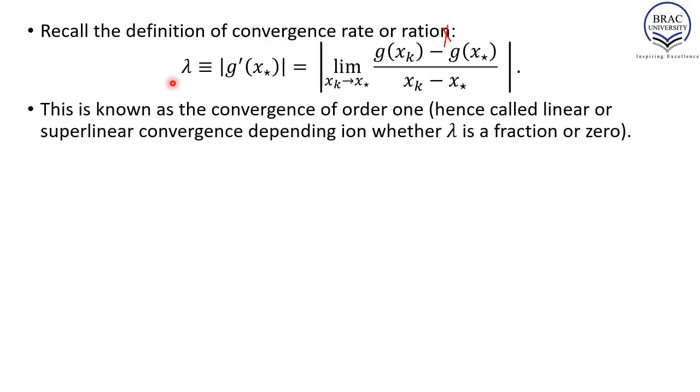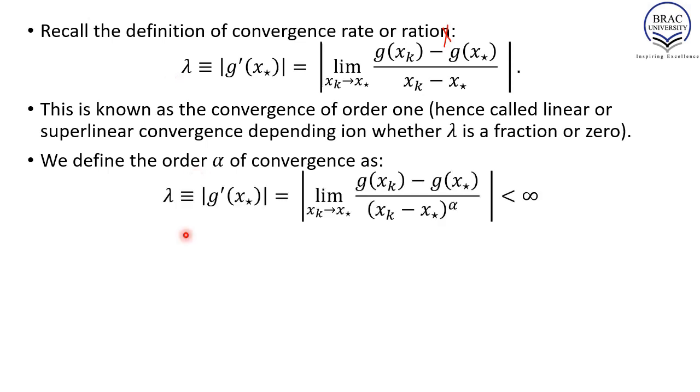Now, in analogy with this, we define the convergence of order alpha as this equation: lambda equal to g prime at x star, but look at the limit here first. Limit x goes to x star, the numerator is the same but the denominator is xk minus x star to the power alpha. That is the index, a numerical value alpha. The alpha is known as the order of the convergence.